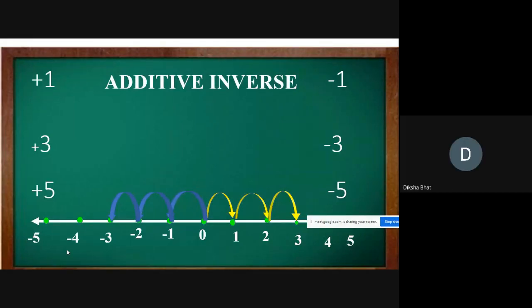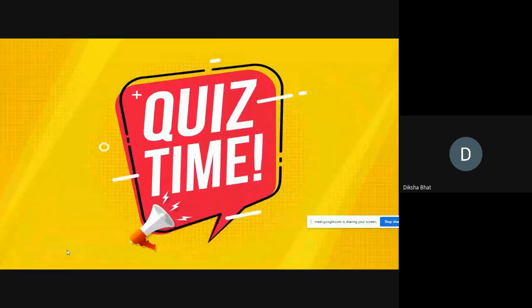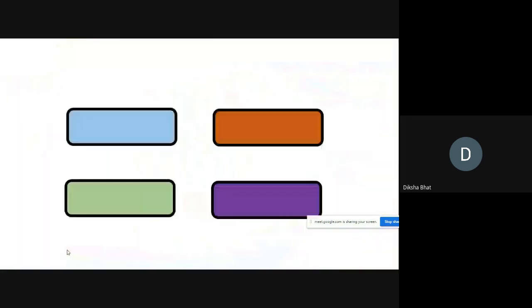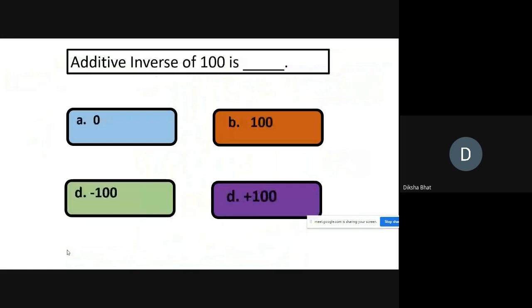That's all for today's class. Let's see how much you all have understood. The additive inverse of 100 is? Negative 100. Let's check.